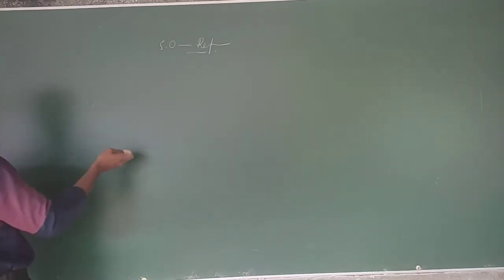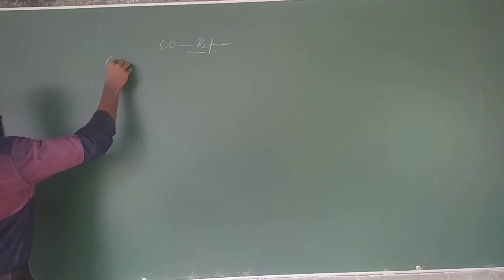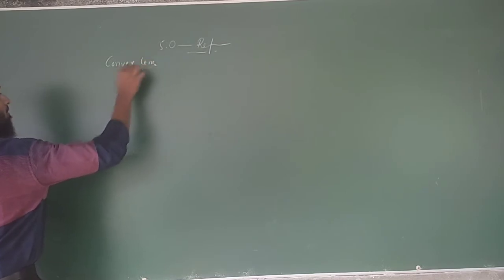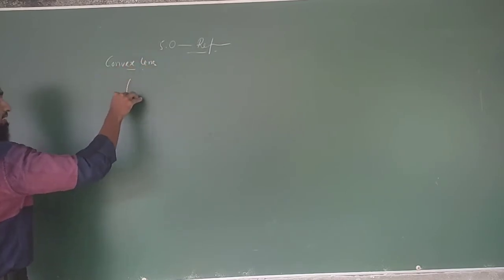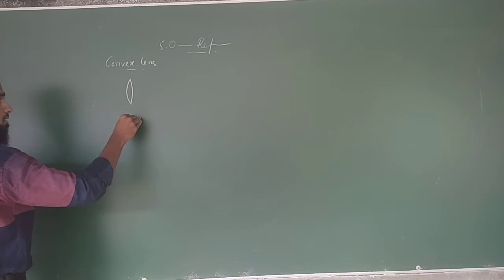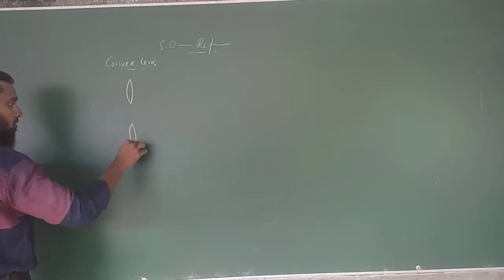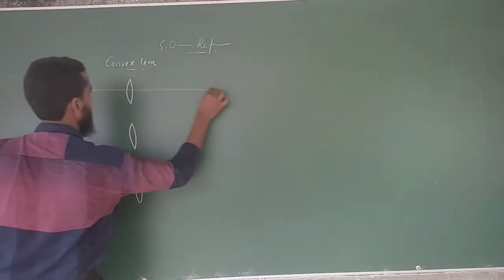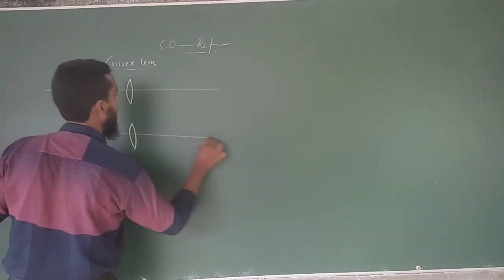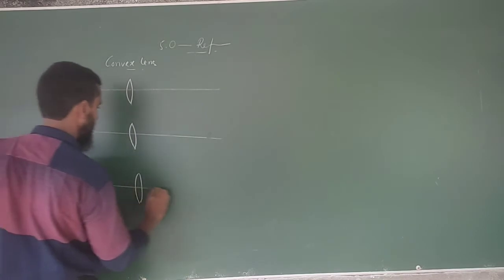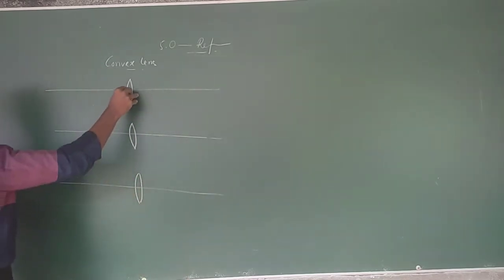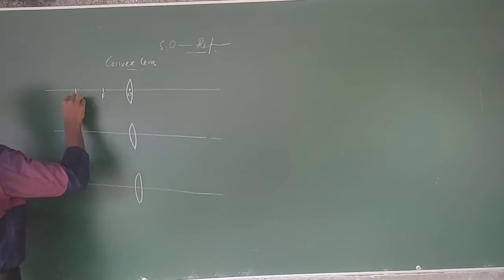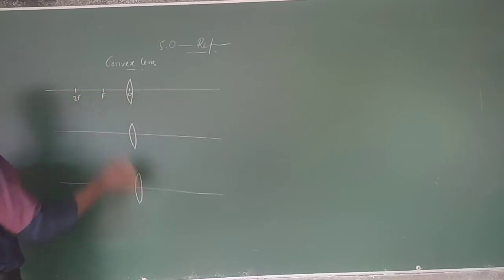For the convex lens, we have 3 basic ray diagrams. I'll show you those 3 basic ray diagrams. Before I draw them, I put all the parts of the diagram. This is the optical center, here the focus, and the second focus at the same length.